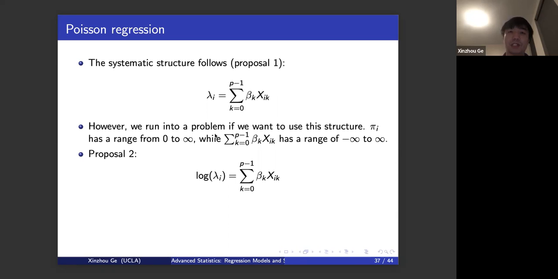So we also need to do some transformation on lambda, and that's why we take the log of lambda. It means that in Poisson regression, we assume that the log of lambda can be expressed as a linear combination of the predictors. So we can use a multiple linear model to predict log lambda using the predictors.